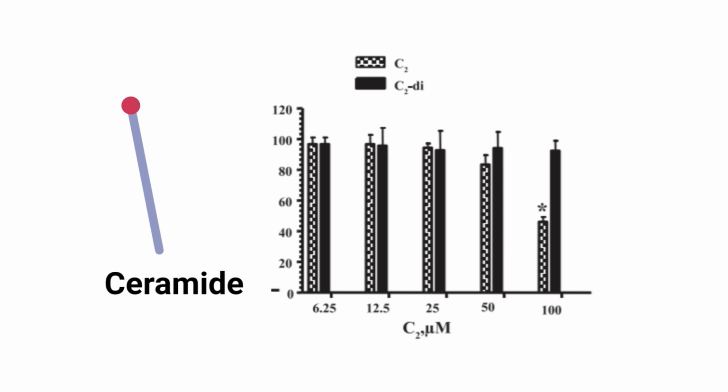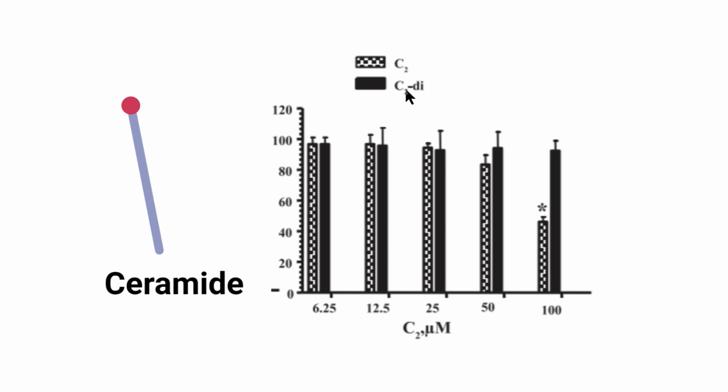However, the other piece of data that I wish I had added, because I completely overlooked it, is that they also do the same experiment with this ceramide, but looking at reactive oxygen species production. And what they find is that at 50 micromolar, you see an increase in reactive oxygen species with the addition of this ceramide.